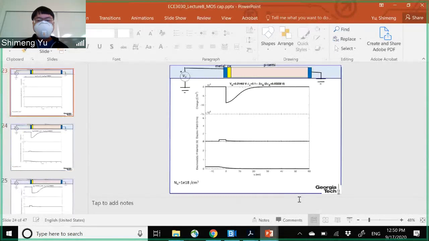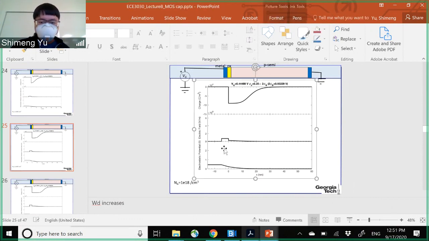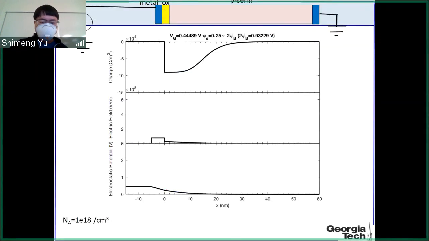We showed some animation at the end, and we have the here. This one is the where is the phi b? Phi b is a bending here. So this is surface of the silicon. So this is a phi s. Sorry, we're asking about the phi s.